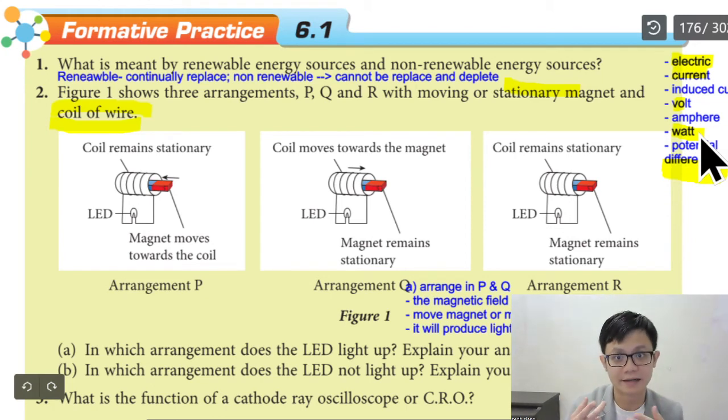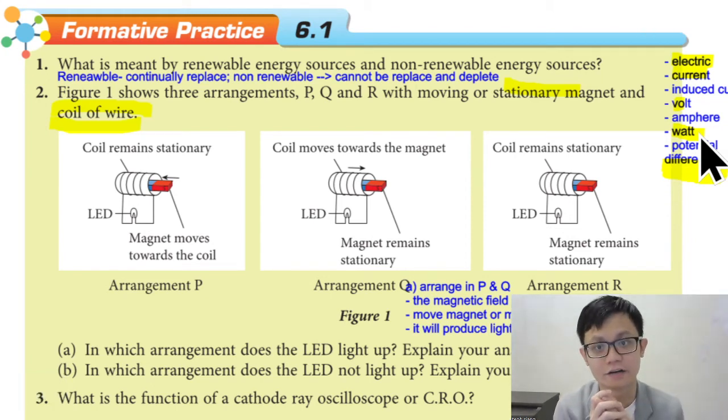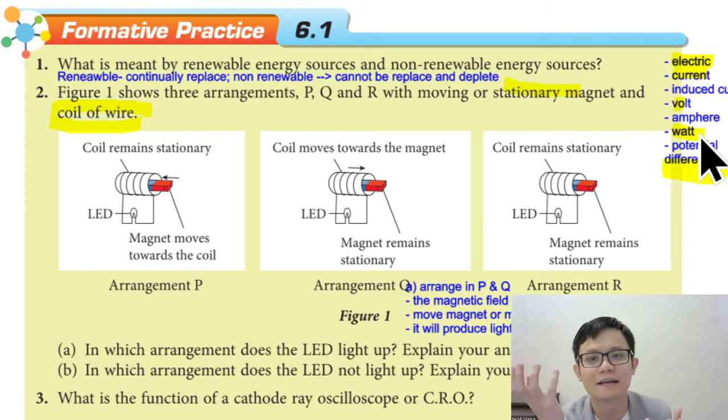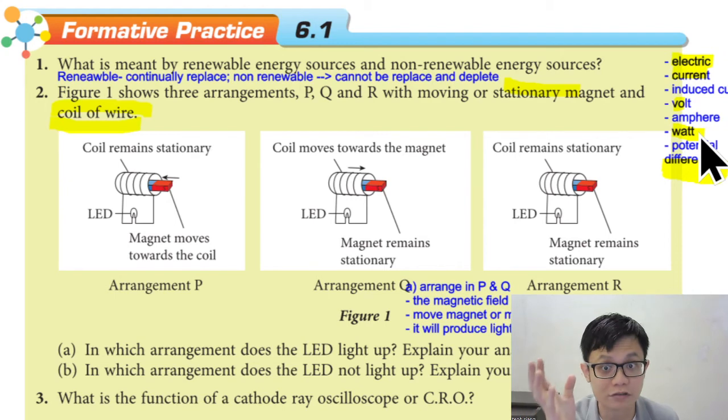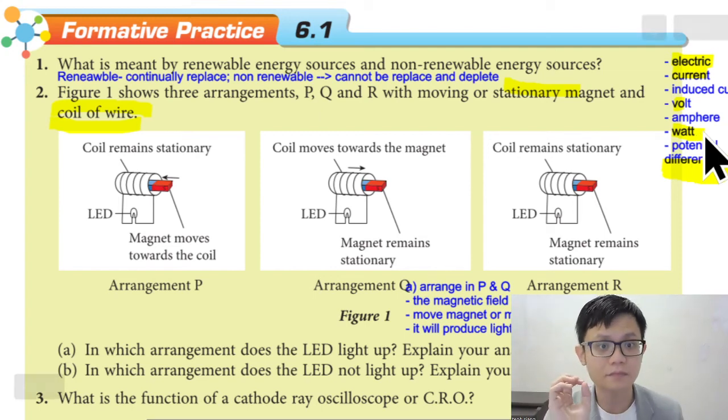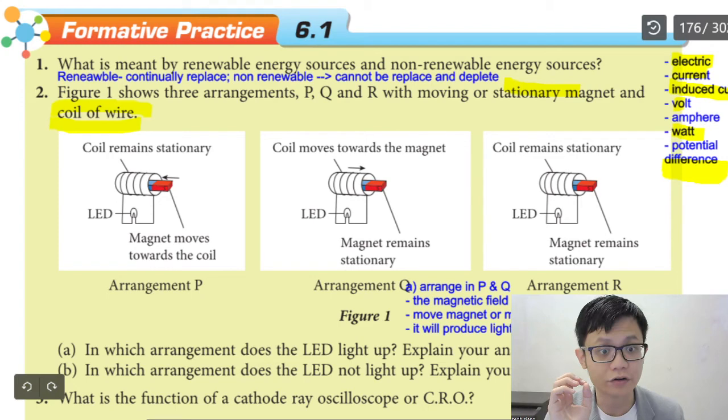For example, when the TNB people come and check your electric bill, you cannot say my house uses 7 electric. TNB will calculate that this house uses 7 kilowatt per hour, something like that. So there is a certain unit to calculate the electric, and the induced current is to produce the current as well.